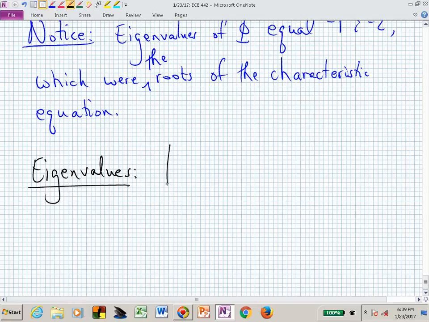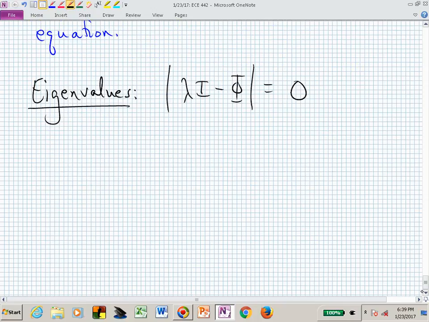If you've forgotten, the eigenvalues are simply what? The values of lambda that satisfy the determinant of lambda I minus phi equaling 0. We now have lambda I. We know what phi is.